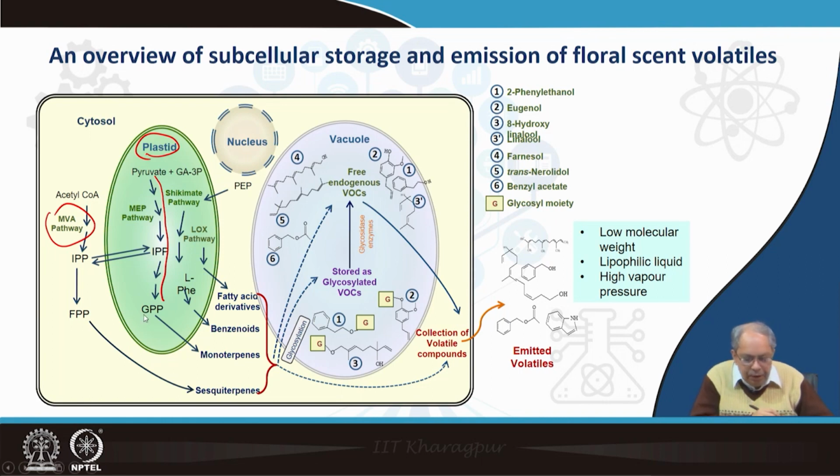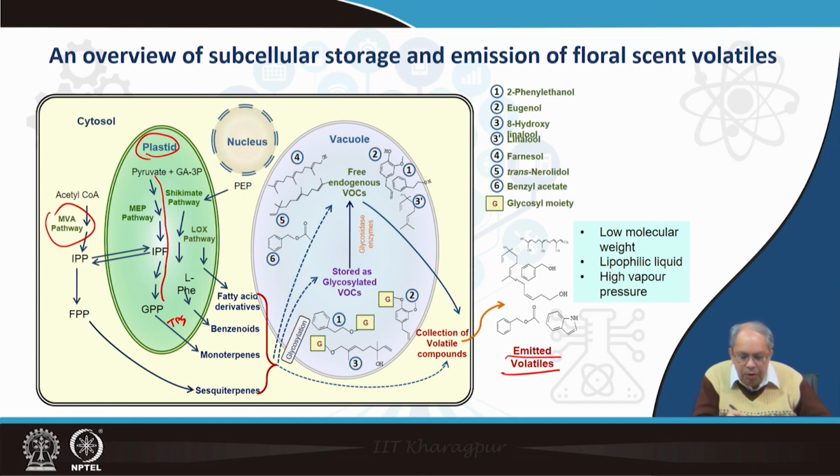It makes GPP, and the GPP serves as a substrate for monoterpene synthase, like terpene synthase, and it makes the monoterpenes including linalool, and these may be directly emitted, or they can be stored in the vacuole.